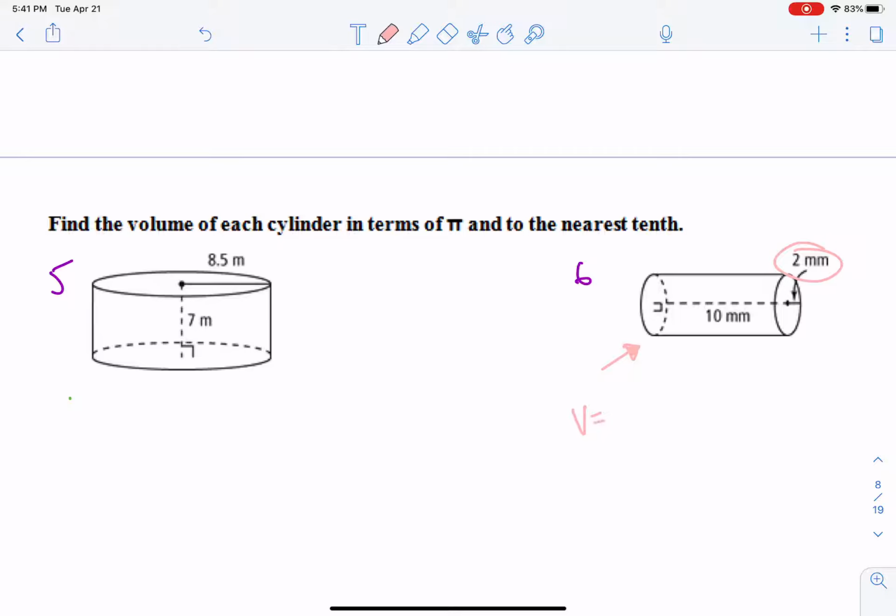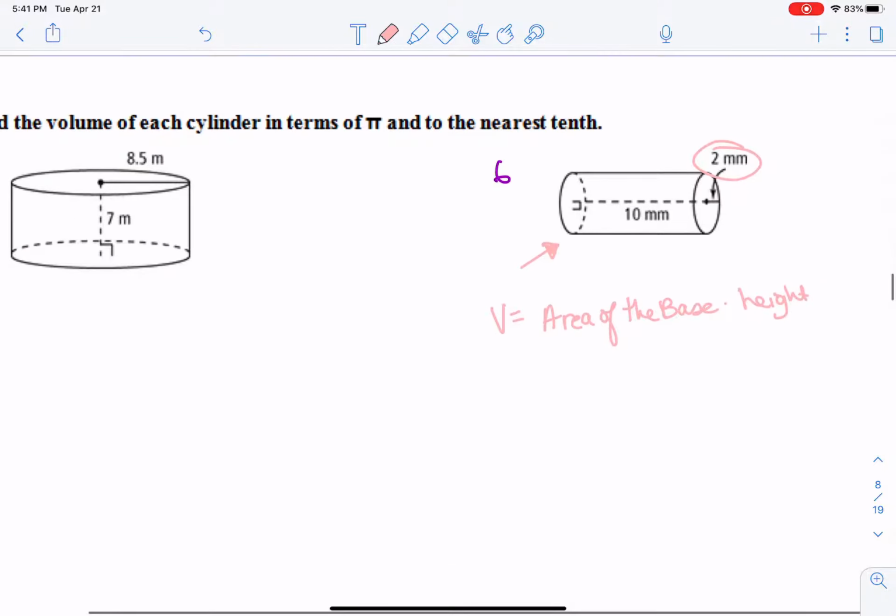But the volume is still the area of the base times the height. So in this case, area of the base is pi r squared because it is a circle. So the volume is pi times 2 squared, and then the height is 10. 2 squared is 4 times 10.